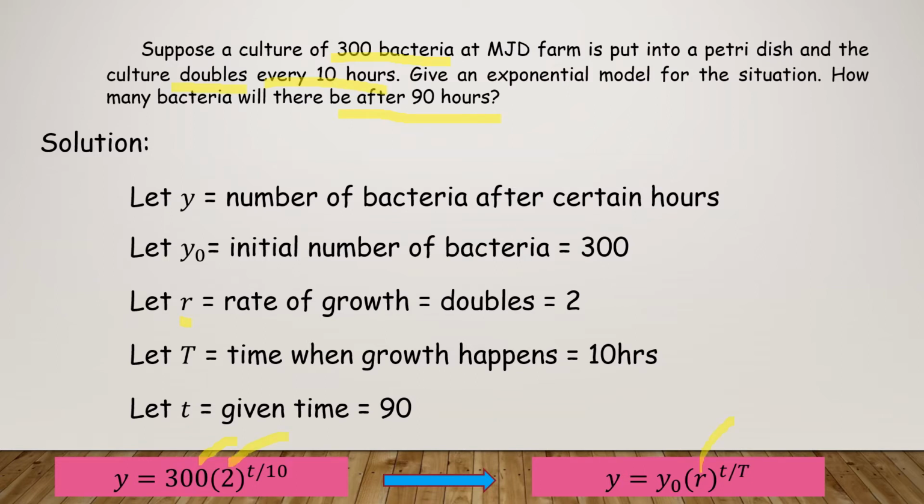And t over 10 natin ay magiging small t over capital T. So, na-generalize na natin yung formula. So, itong double na ito ay depende pa kung ang nakalagay sa problem ay triples and so on.